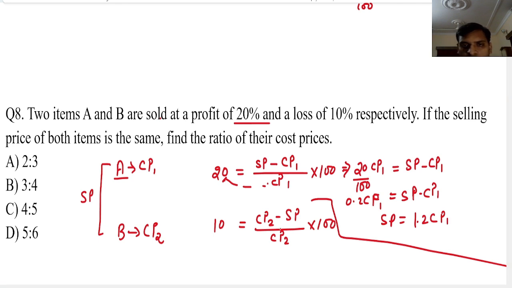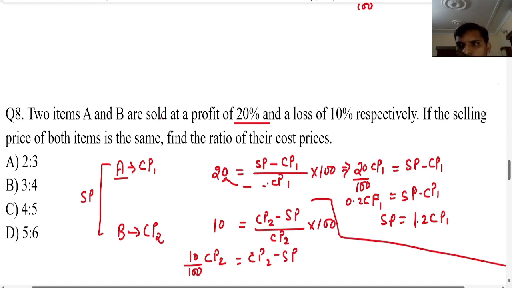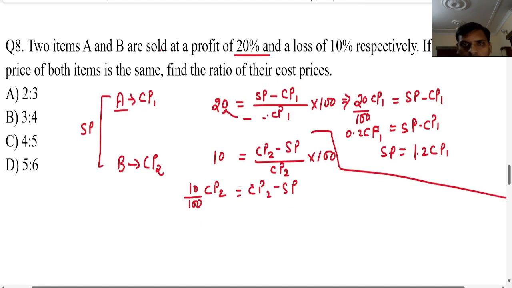Now we will do the same for the second equation. On solving, CP2 times 10 upon 100 equals CP2 minus SP. So SP equals CP2 minus 0.1 CP2, so this becomes 0.9 CP2. Now we can equate both equations, SP and SP.